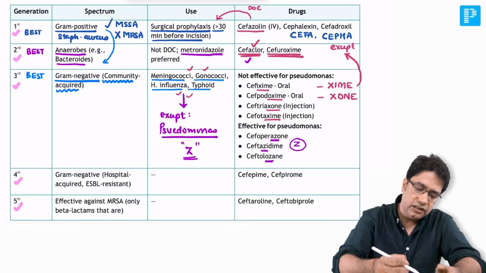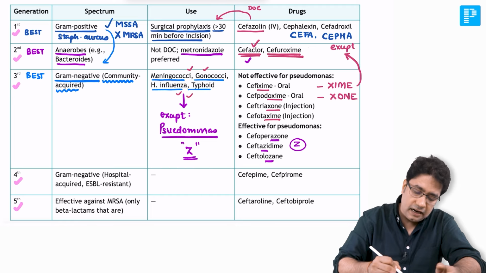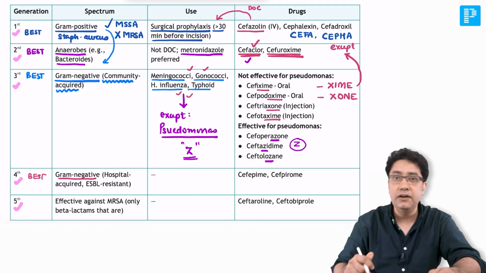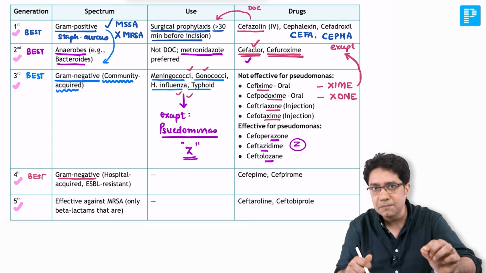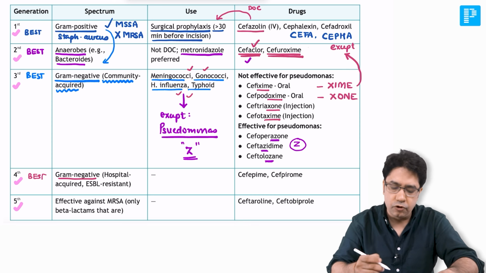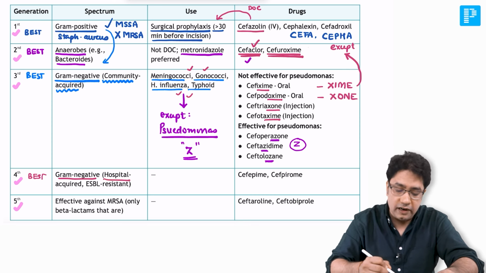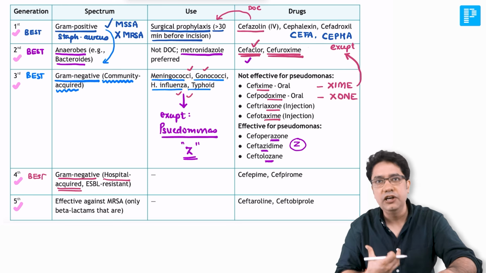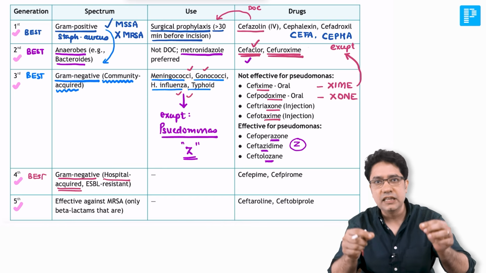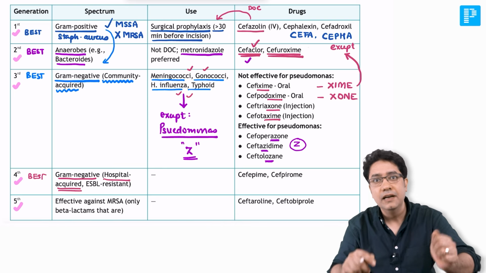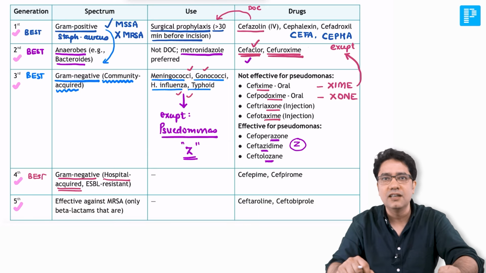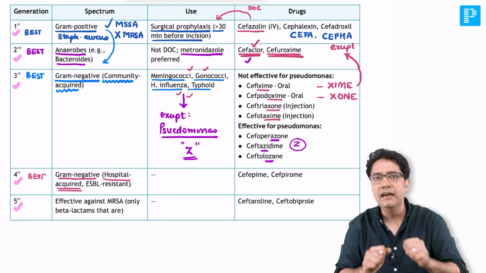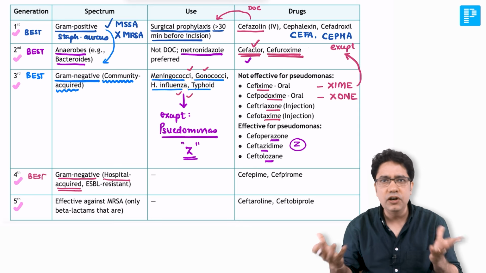Now, fourth generation cephalosporins are also best for gram-negative infection. But remember, they are given for those bacteria which produce hospital-acquired infection like ventilator-associated pneumonia, catheter-associated UTI, bloodstream infection due to catheter. So these bacteria, you will rarely hear their names in a community infection.